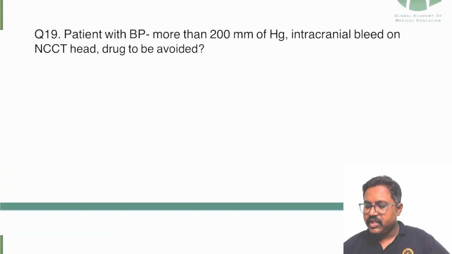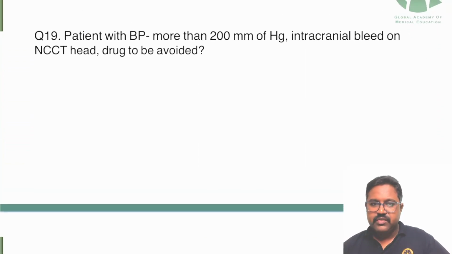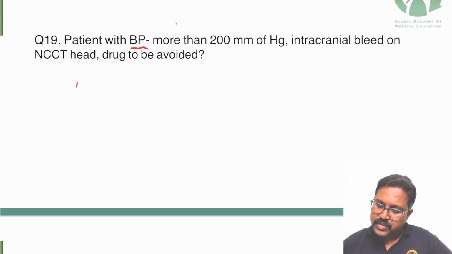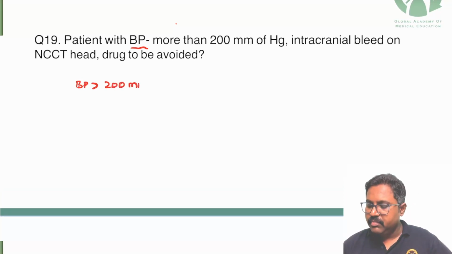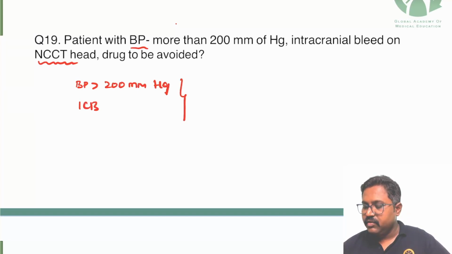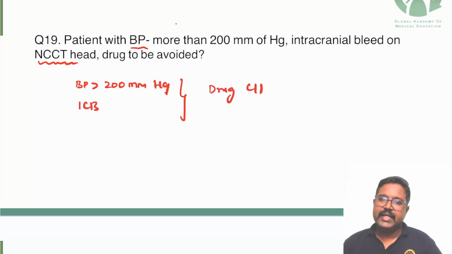Next, coming to question number 19. The patient had a blood pressure of more than 200 mm of mercury, and there was an intracranial bleed shown on the non-contrast CT head. They are asking which drug is to be avoided, or is contraindicated.